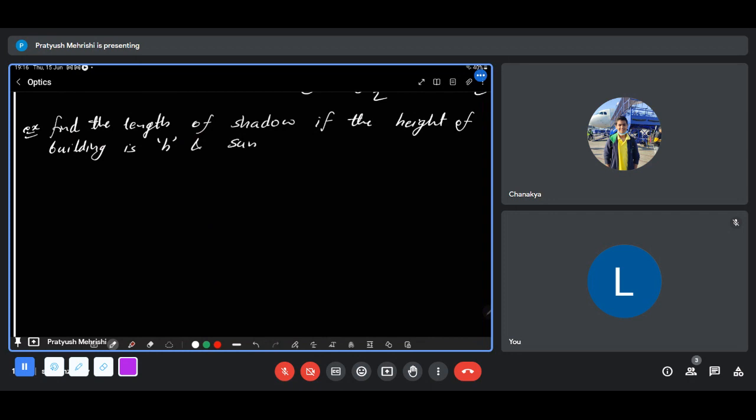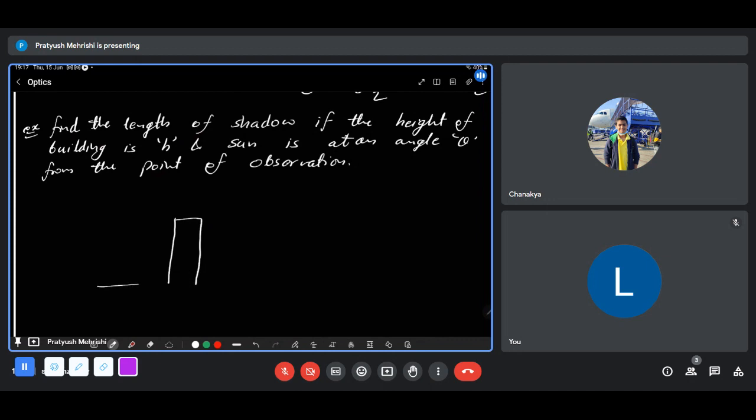The sun is at an angle theta from the point of observation. This diagram is given. This is the object, and height of the object is h.